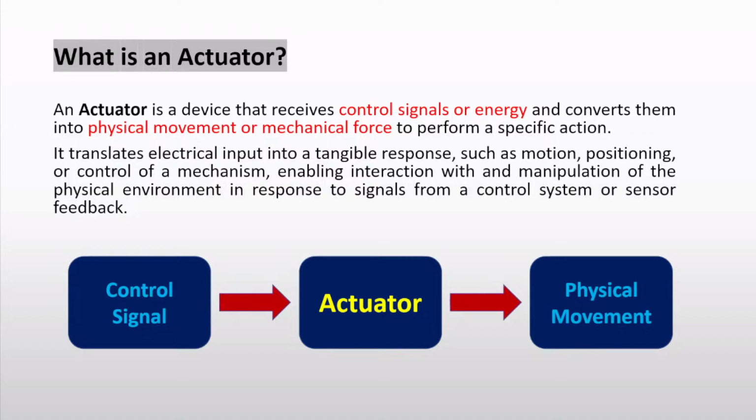Normally, these physical movements or mechanical forces, that means the output actions of the actuators, can be a rotational movement, a linear movement, a positioning, or opening or closing a valve.